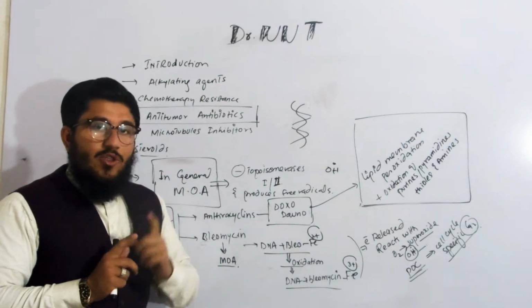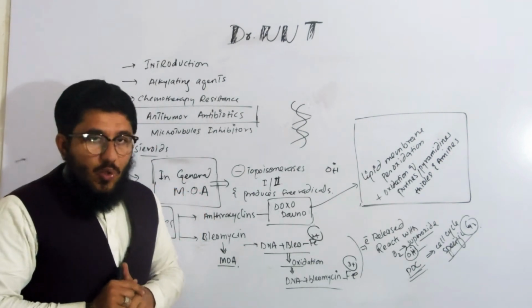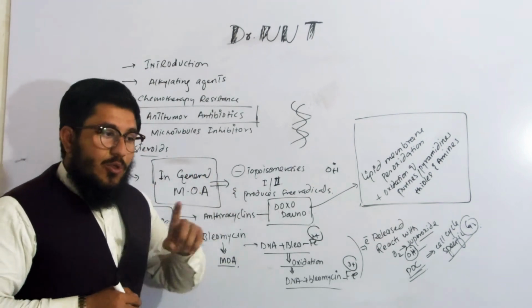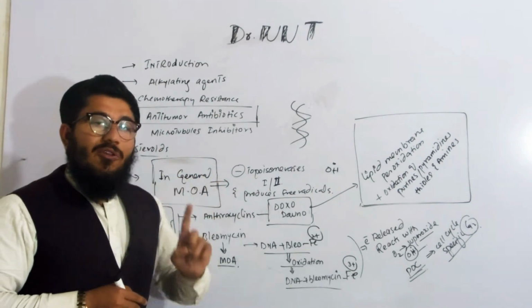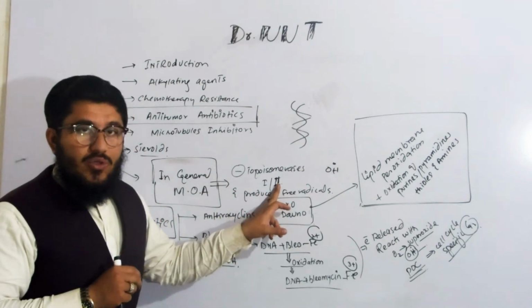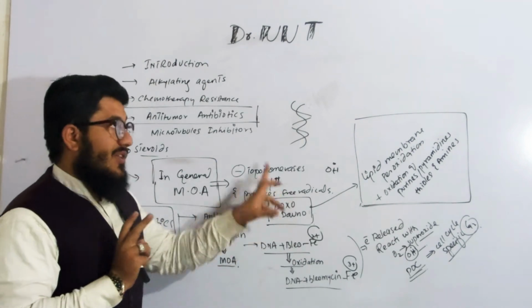They are unwinding and winding. Topoisomerase 1 is supposed to unwind or wind only one strand, whereas topoisomerase 2 is supposed to unwind or wind the two strands of the DNA.